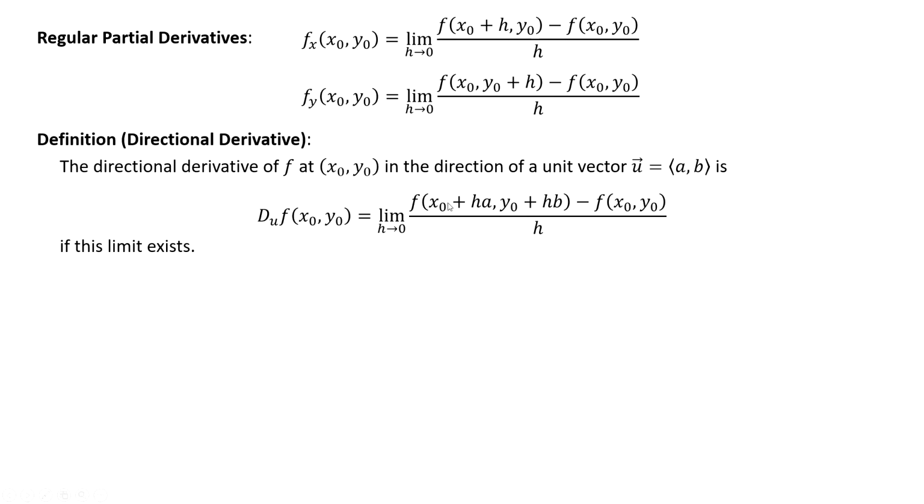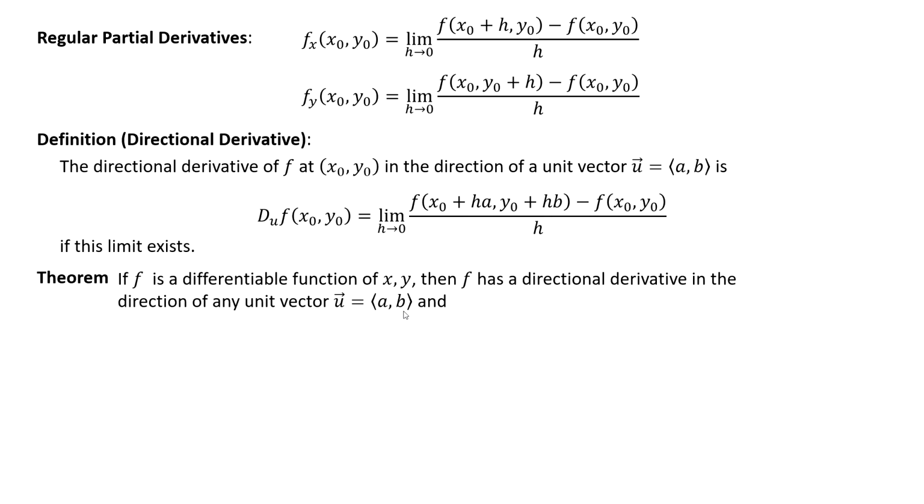Well, that is also a difference quotient, the limit as h approaches 0 with a denominator h. But here is where the change happens. You look at what the function's value is at x sub 0 plus h times a, comma, y sub 0 plus h times b, where a and b are the components of the unit vector u. Cool? That's the definition of a directional derivative.